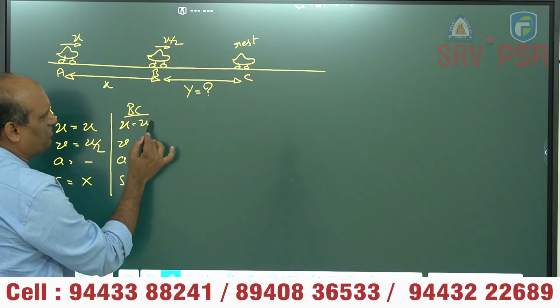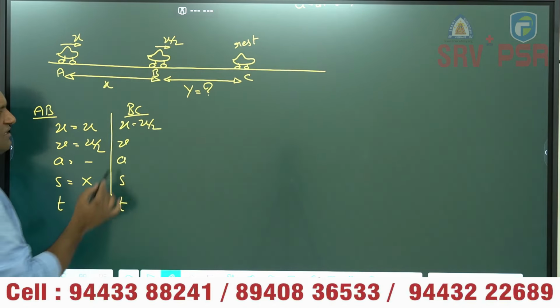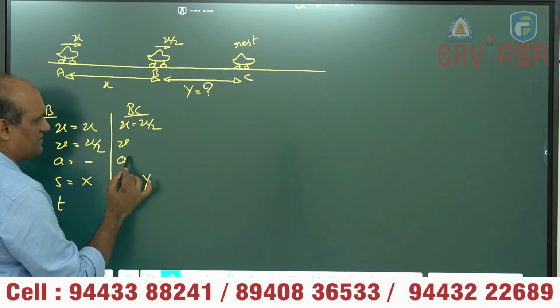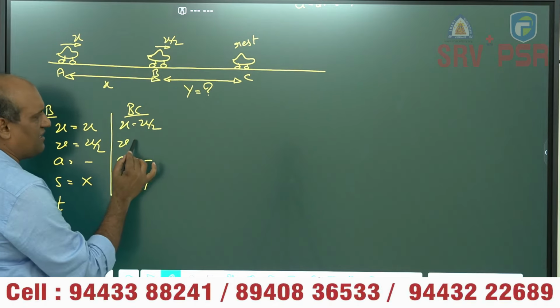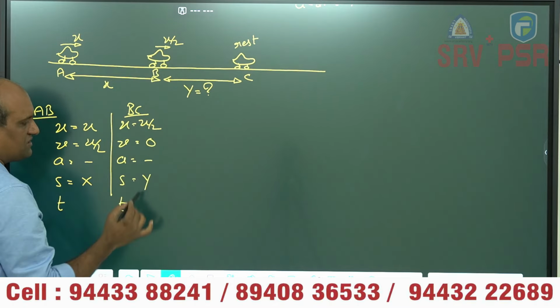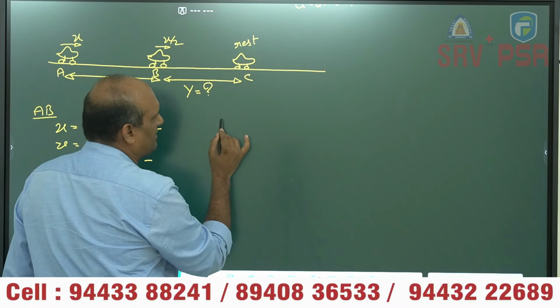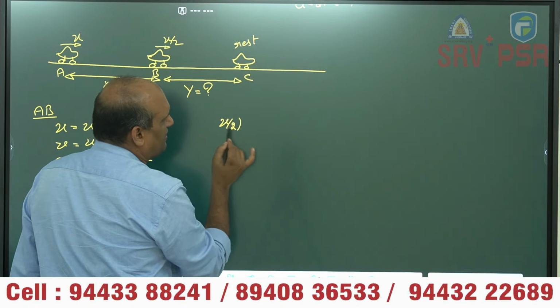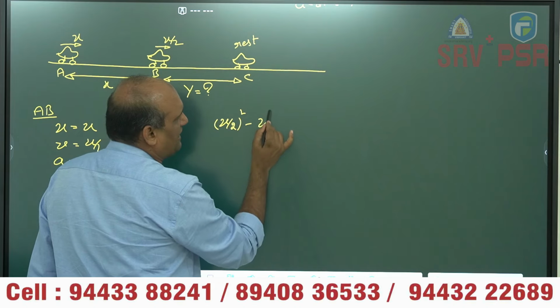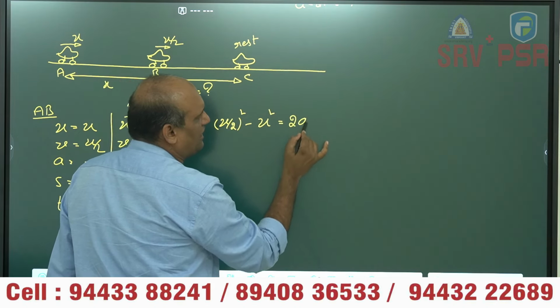My initial speed is U by 2. Distance covered Y. Same car, acceleration is A. Velocity 0 because it stops. Time not required. So if I use this condition here, V square minus U square equal to 2AS. Here V square minus U square is equal to AX.